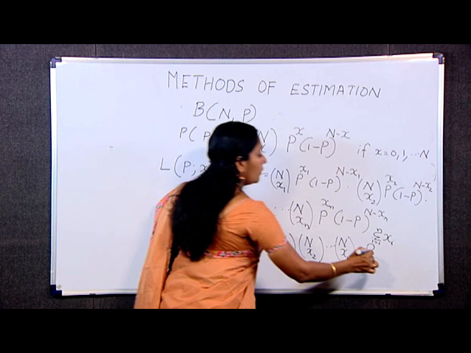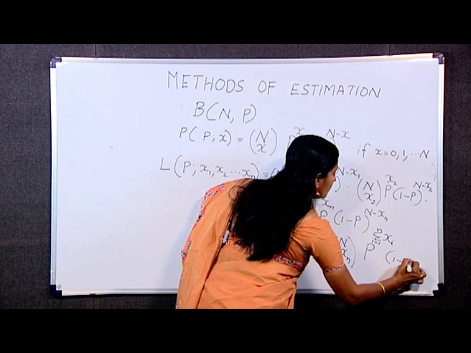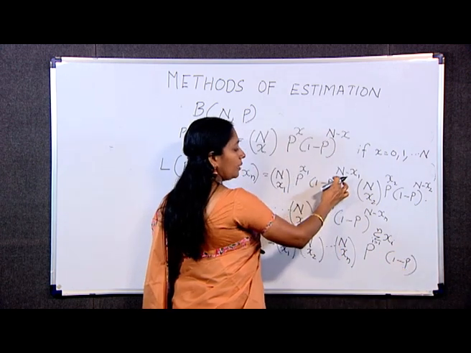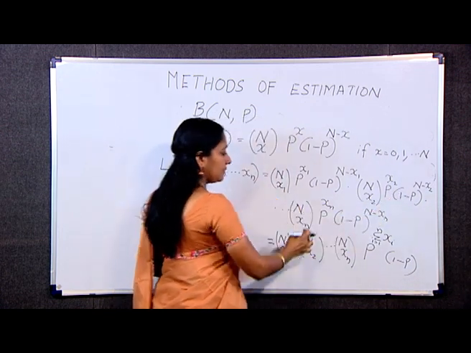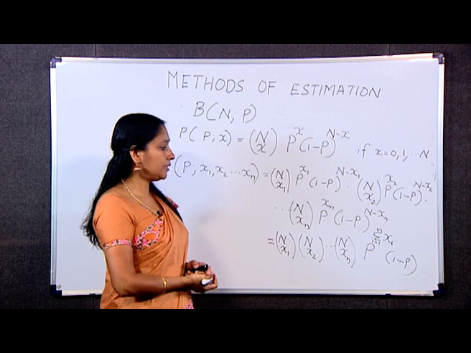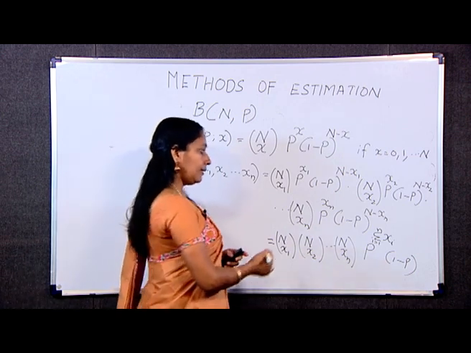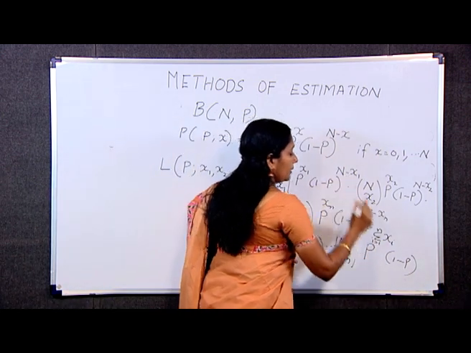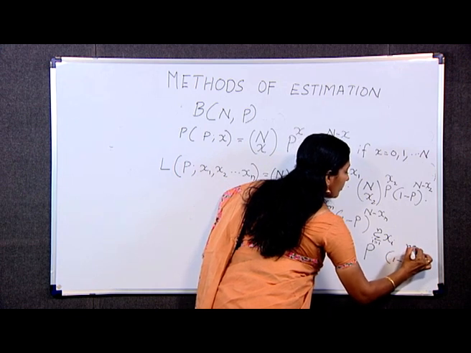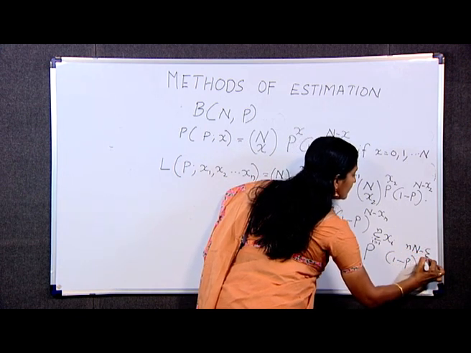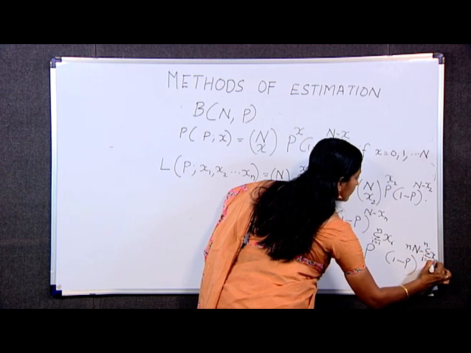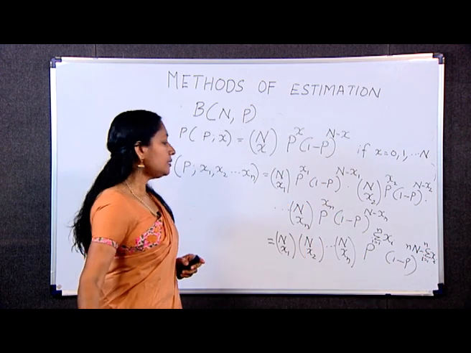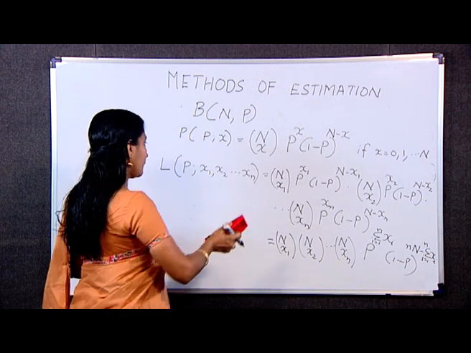Again we have 1 minus p raised to N minus x1, into 1 minus p raised to N minus x2, etc., 1 minus p raised to N minus xn, and it is 1 minus p raised to n into capital N minus summation i equal to 1 to n xi. This is the likelihood function.